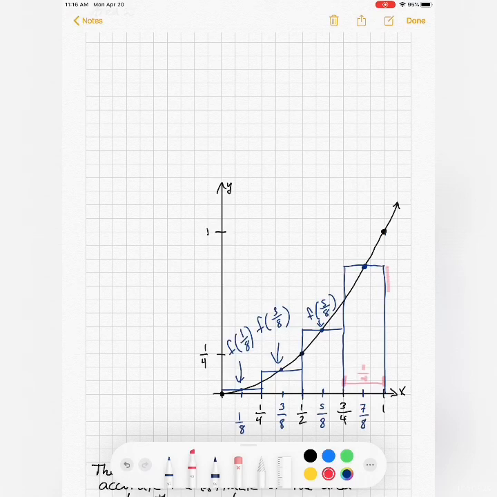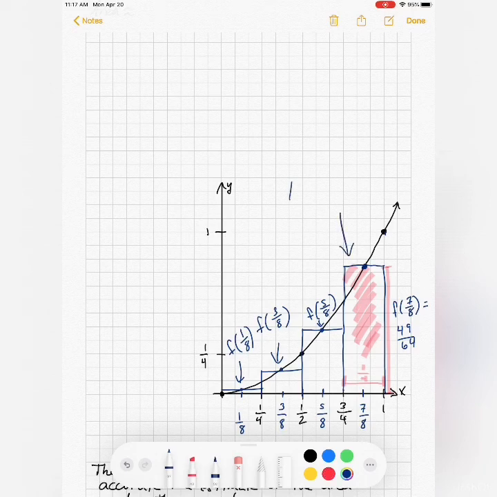This height, I'm going to use this one, is f of 7/8, which is 49/64, right? So that means to find the area of this rectangle, I would multiply the base times the height, right? So the area of that guy would be 1/4 times 49/64.